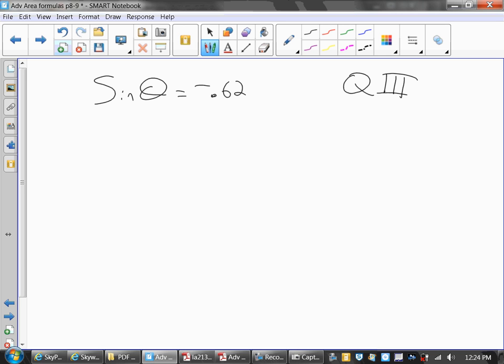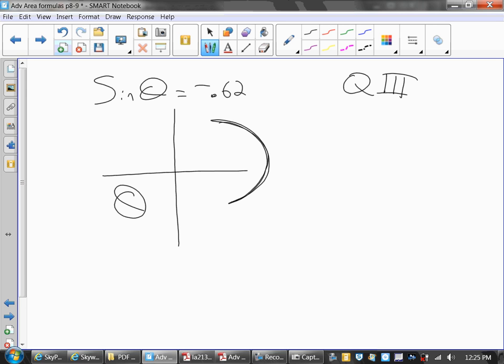So that means what this is asking you on the unit circle, when you have to figure out what the sine is, what two quadrants are you looking for theta when you're looking for sine? First and fourth. So the angle is going to show up here. That will allow me to figure out what the reference angle is. And I want to figure out where theta is here. Okay?